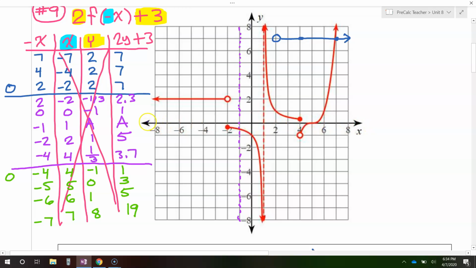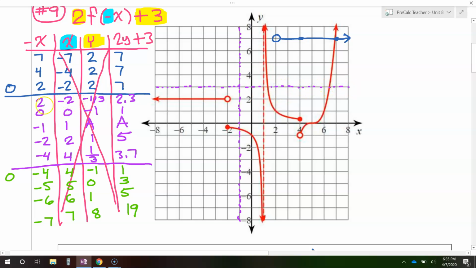So look, the horizontal asymptote was the x-axis. Because of the plus 3, that's going to be shifted up 3. So we know there's going to be a new horizontal asymptote right here. So we should show that as well.